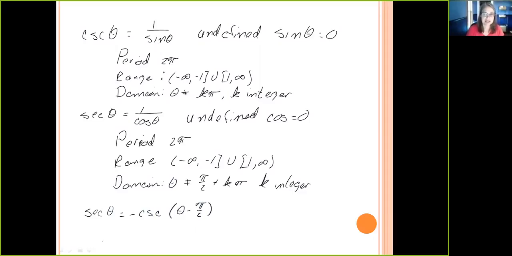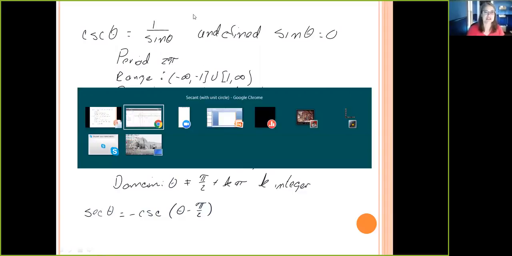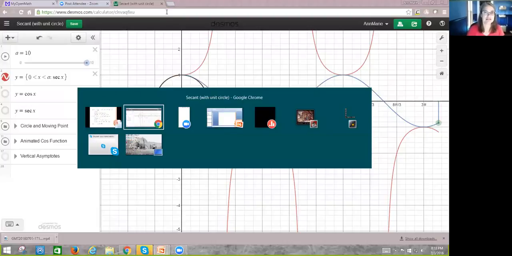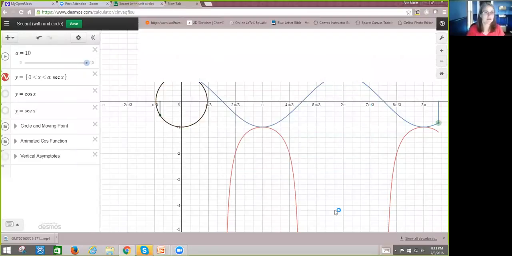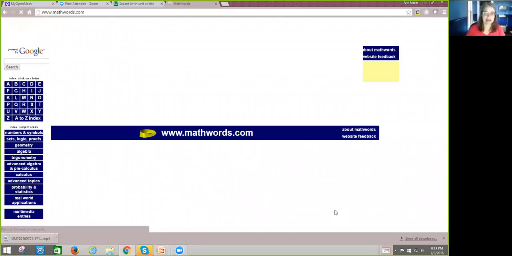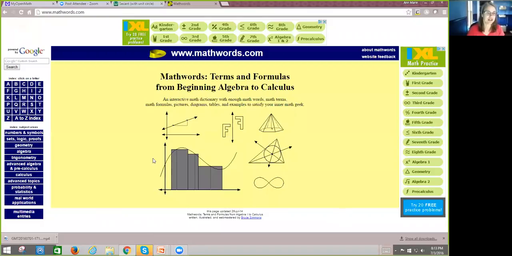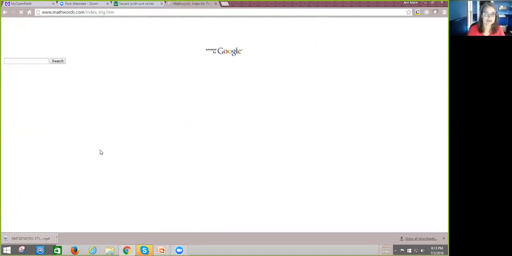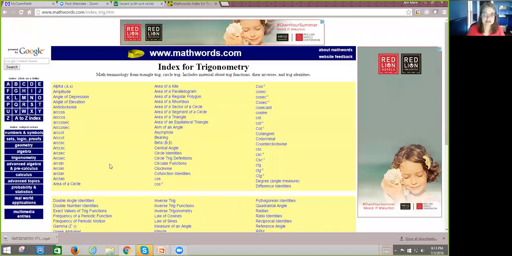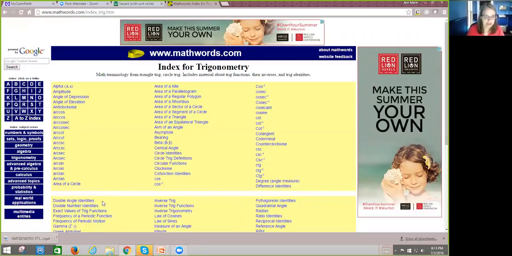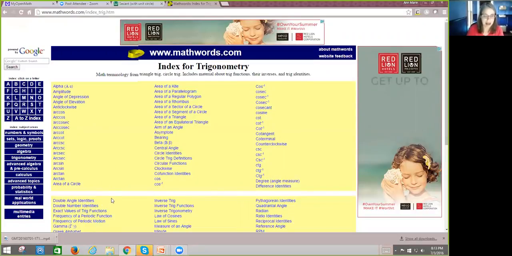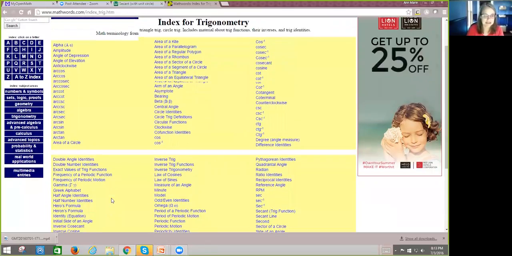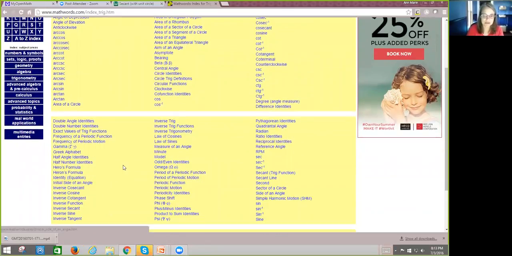And there is a website actually that you should take a look at. Let's see if I can find it. Yes, mathwords.com, and take a look at the trigonometry section. The identities is what I want.